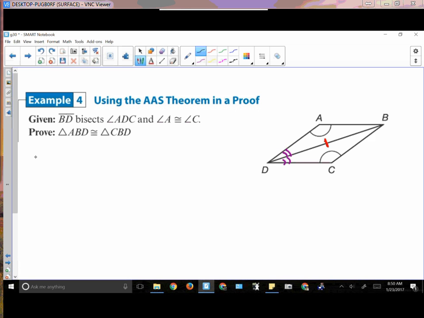Let's see. We've got angle A is congruent to angle C, and I have, let's see, BD bisects angle ADC.